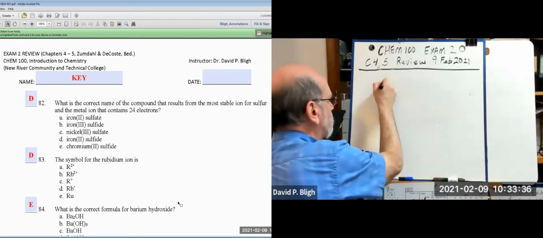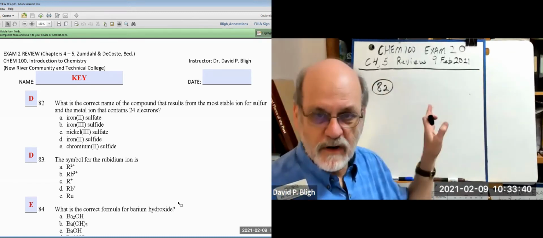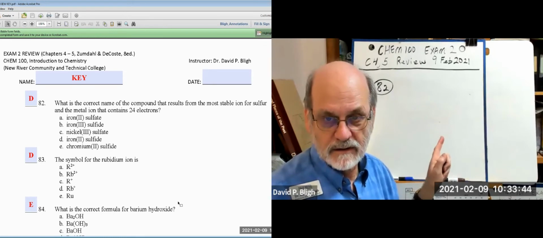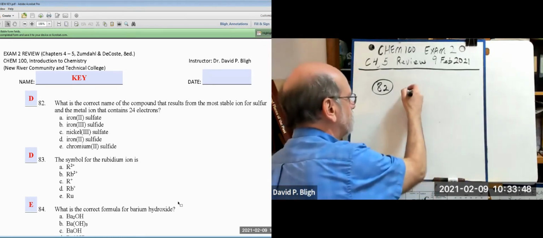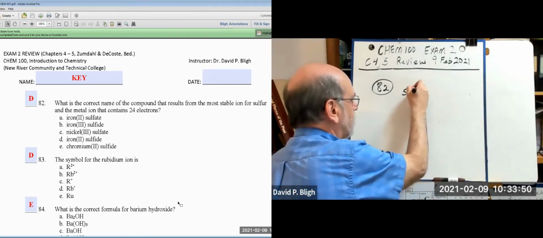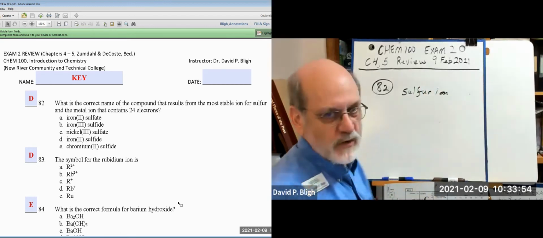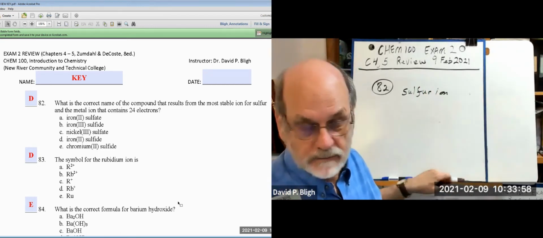Let's write up here what we're given. We need the correct name and the most stable ion for sulfur. What is the most stable ion for sulfur?